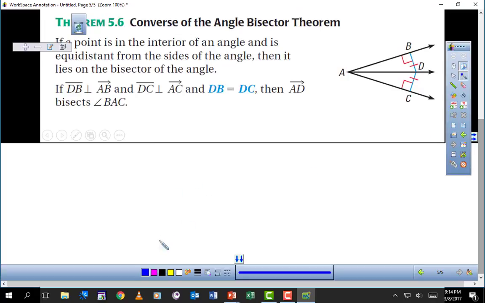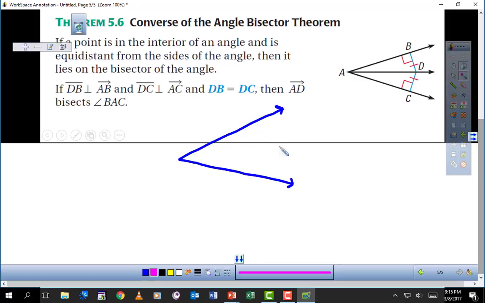Let's start out again. We have an angle like this. We start off with an angle. The next thing we have is a certain point somewhere on the interior. It can be anywhere on here, but let's just say it's right here. And we measure this distance to this side over here.